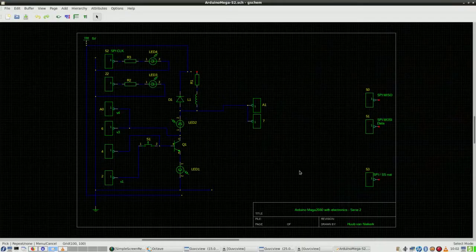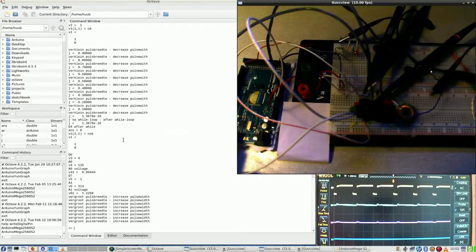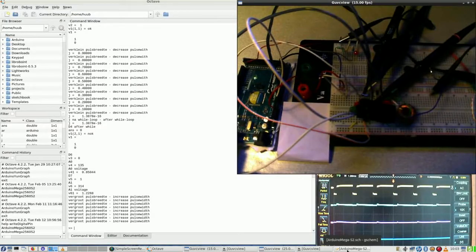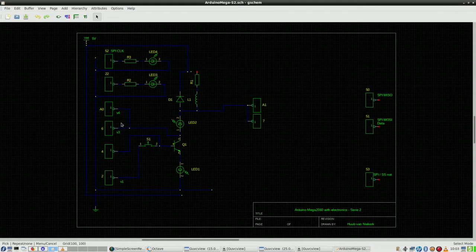Okay. And this gives 3 point something, if I'm correct. No, even lower. Sorry, A0, right? A0. Yeah, A0. Right.